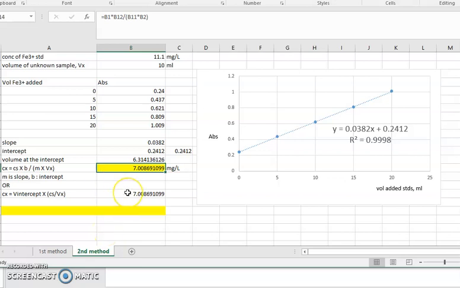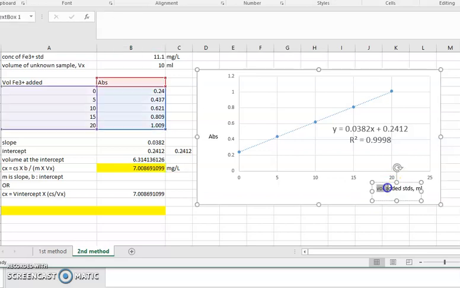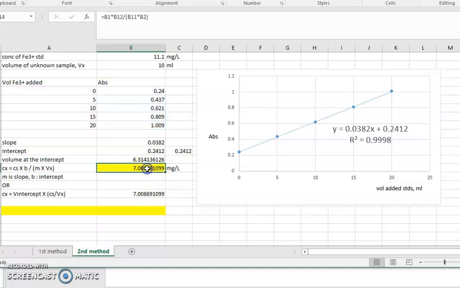Another thing I want to point out: if you use the second method, the calibration curve with x as the volume, please remember that the concentration you obtain is already the concentration in the real sample, because you put in 10 mL.